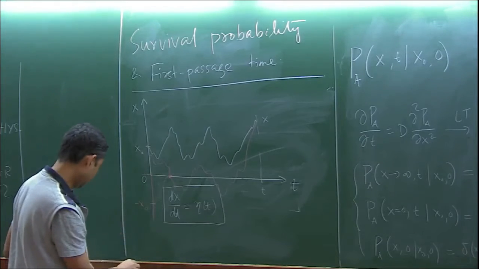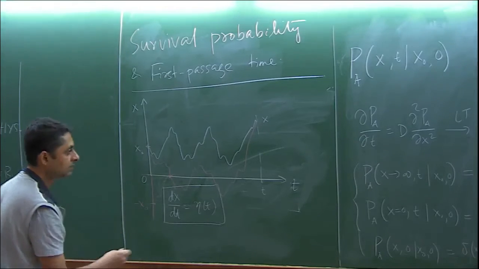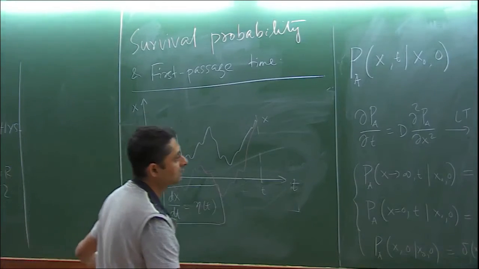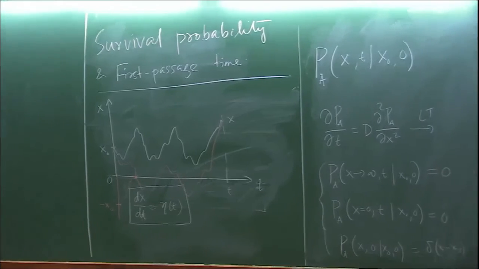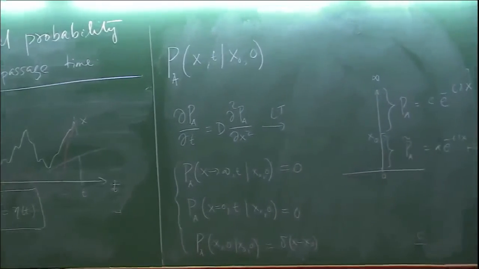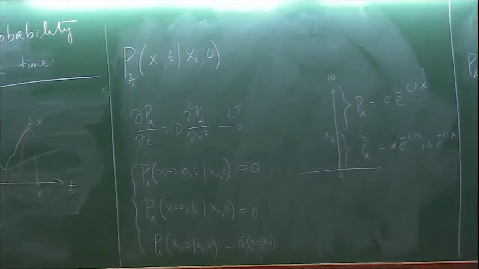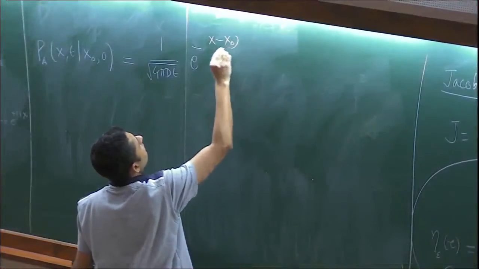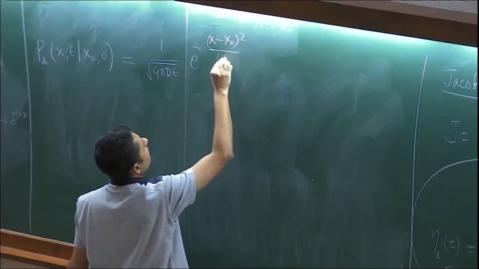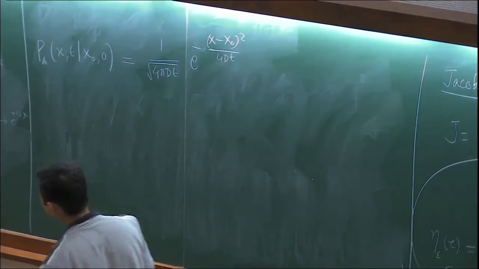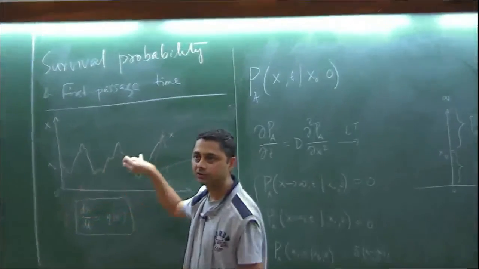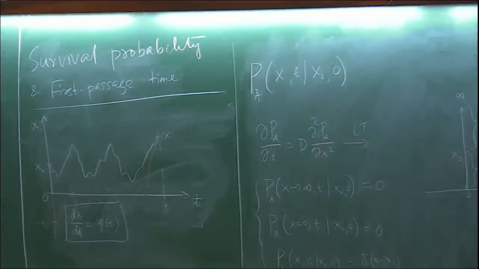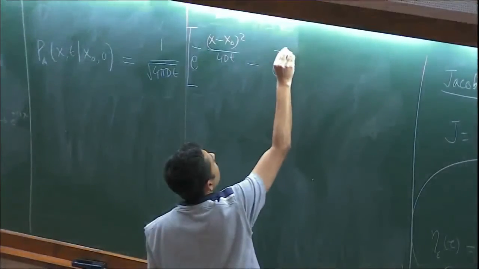Therefore, the solution is your old solution minus the probability that this particle goes from here to there. That's the same one with x0 equal to minus x0.